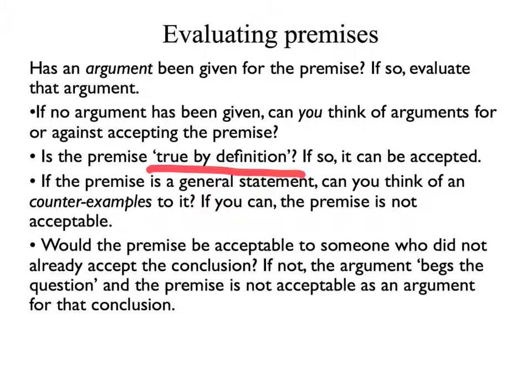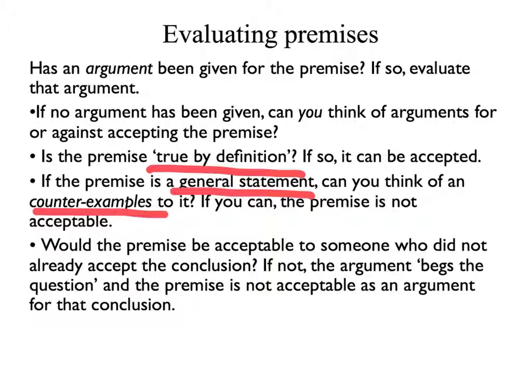If the premise is a general statement, a statement of the form all or everything of a certain kind has a certain feature, then one question to ask is whether there are any counterexamples to the general claim. By a counterexample I mean something like this.